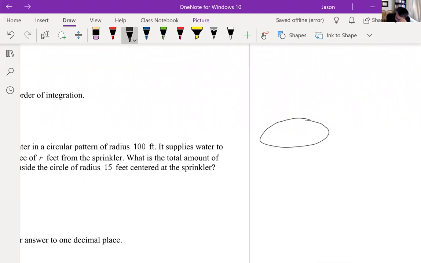There's my circle, and there's a depth here. As r gets bigger, the depth gets smaller, because e to the negative r is 1 over e to the r. That should make sense.